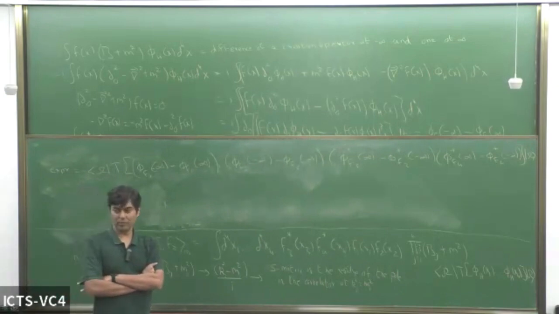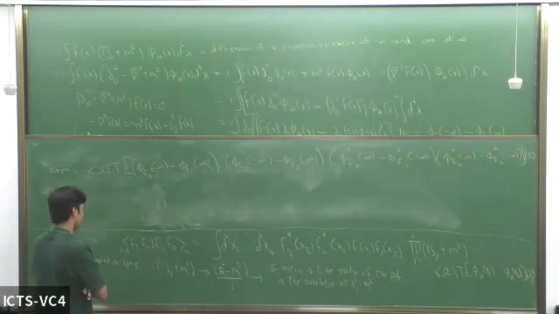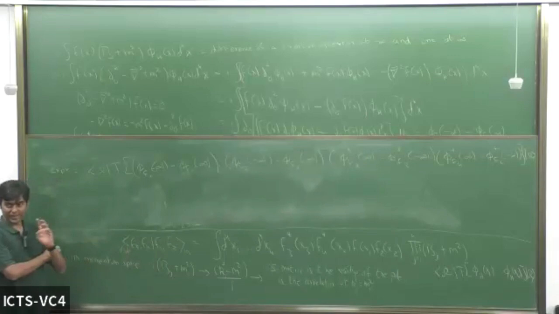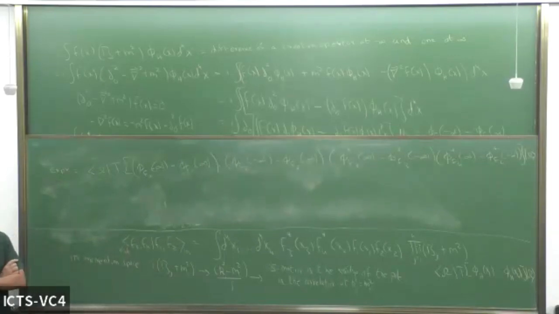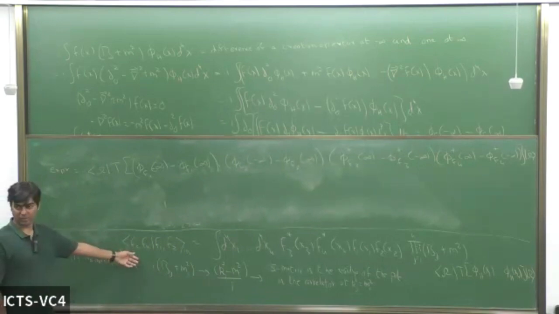That's not what we want to compute. What we had there was something that we were calling e to the i integral of H_I from minus infinity. That's not actually the S matrix that we want to compute. The S matrix you want, this is really the S matrix. We are using the symbol S for this guy.